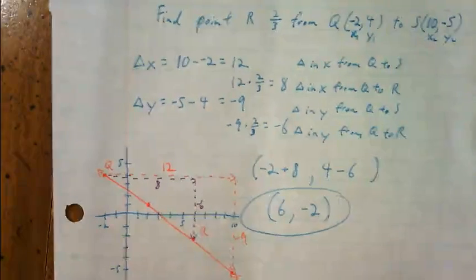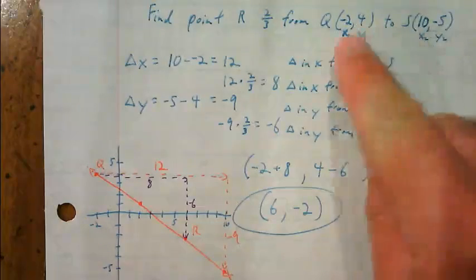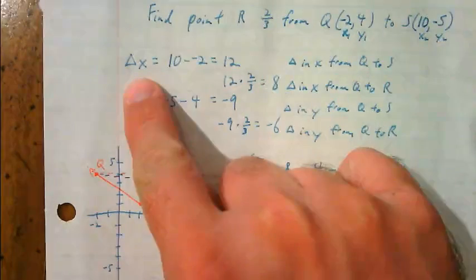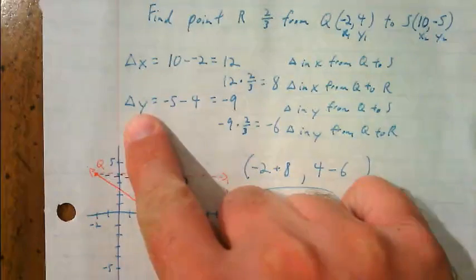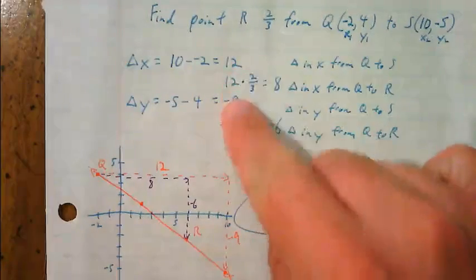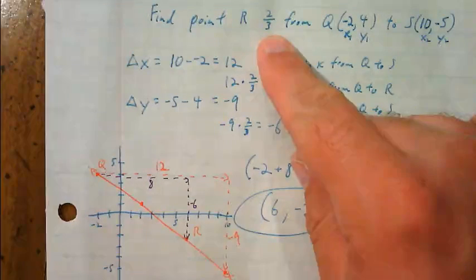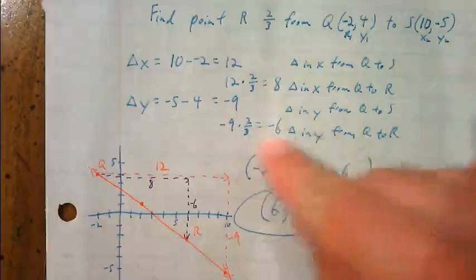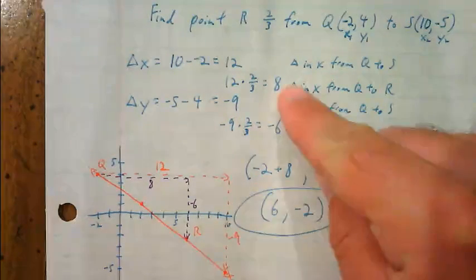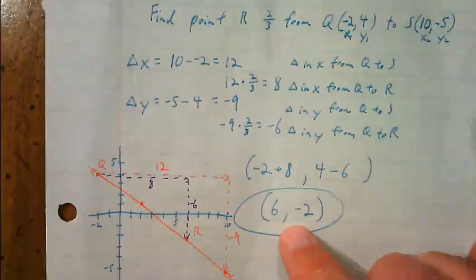So again, the steps there, all you're doing is taking the overall difference in the x's, so change in x, the change in your y's, whatever that change is, multiply by whatever you're moving, so whatever that fraction is, that's now how you're moving. So you take that change and you add it back to the original point that you're starting from.